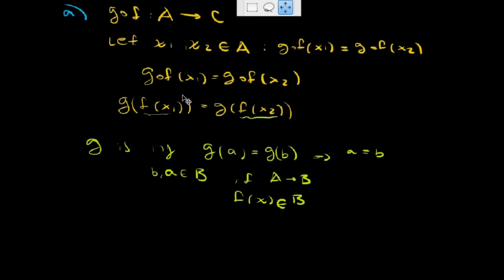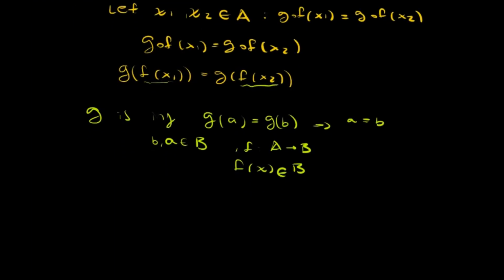So what I can say is, as g is injective, then f of x1 equals f of x2. I had g of a equals g of b implies a equals b. So g of f of x1 equals g of f of x2 implies f of x1 equals f of x2.